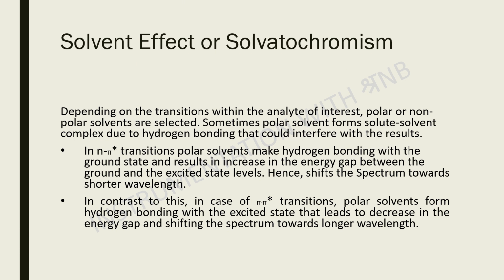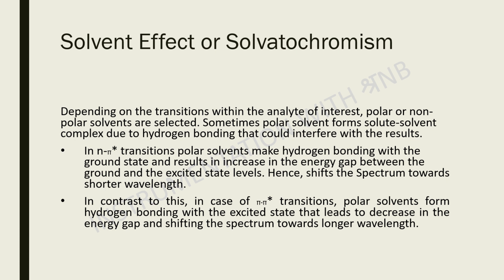Sometimes polar solvents form solute-solvent complexes due to hydrogen bonding that could interfere with the results. In n to pi star transitions, polar solvents make hydrogen bonds with the ground state and result in an increase in the energy gap between the ground and excited states.